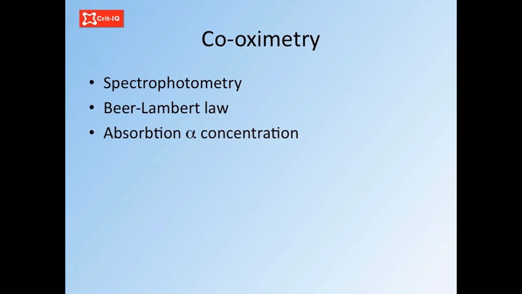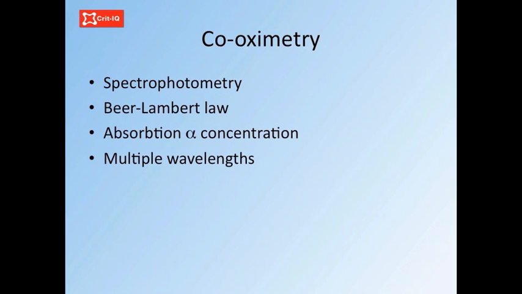Co-oximetry refers to analysis of the content of blood using absorption of light at known wavelengths, or spectrophotometry. Red blood cells in the sample are shattered using ultrasound before a beam of light is passed through the thin film of the sample. Absorption of light is directly proportional to the concentration, known as the Beer-Lambert law.